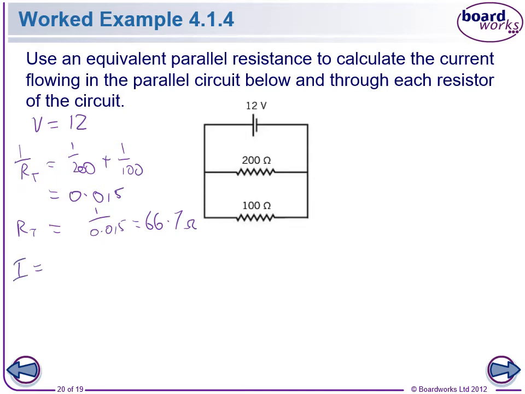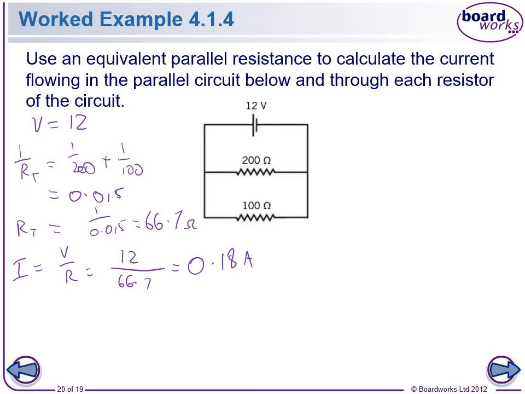Remember, I is equal to V on R. So V is 12 divided by R, 66.7, which gives us a current of 0.18 amps, or 180 milliamps.